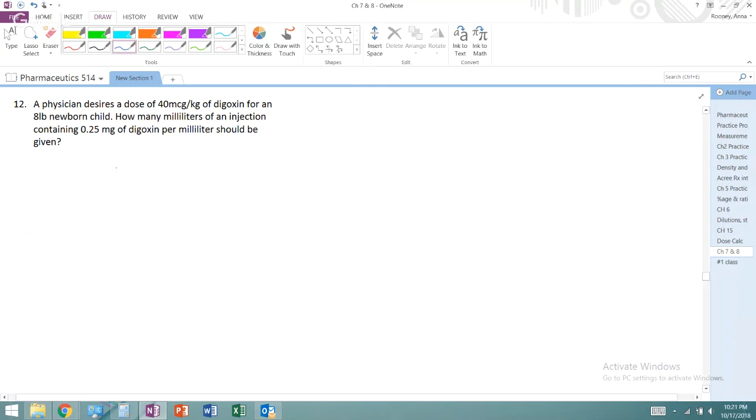Okay. So we're going to take the 8-pound newborn child, 1 kilogram per 2.2 pounds, and then we're going to do the 40 micrograms per 1 kilogram. And then we're going to convert it from micrograms to milligrams, and there are 1,000 micrograms in every single milligram.